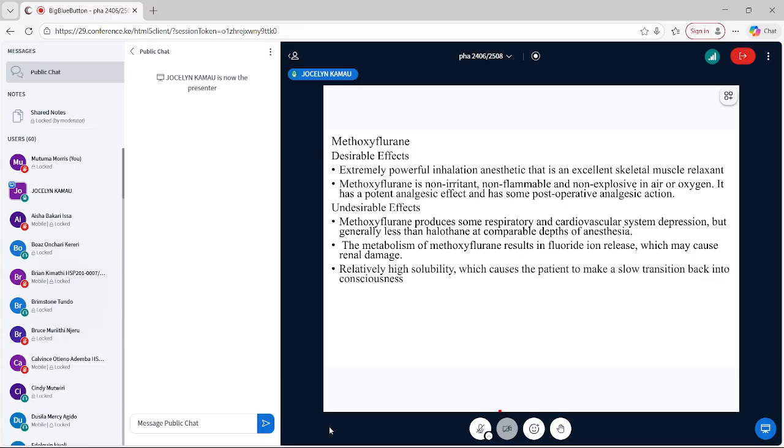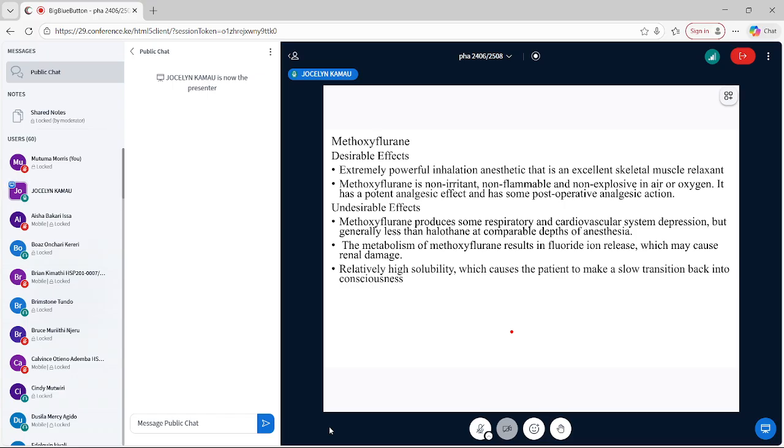That means if you're using it as an induction anesthetic, and the patient gets cardiac depression, those are some of the considerations you must make when you choose that drug.